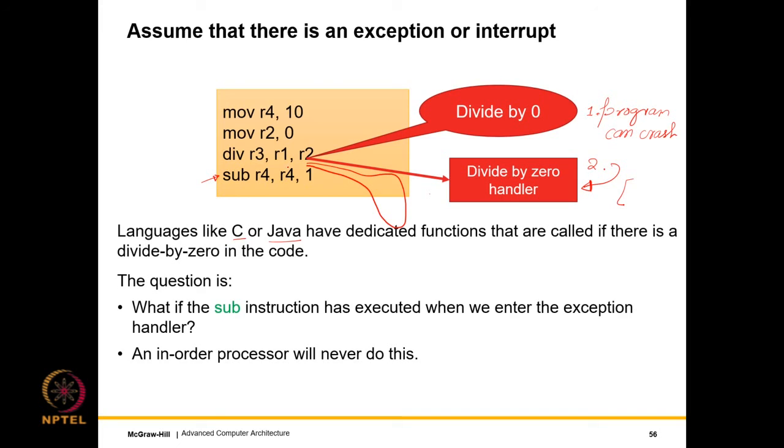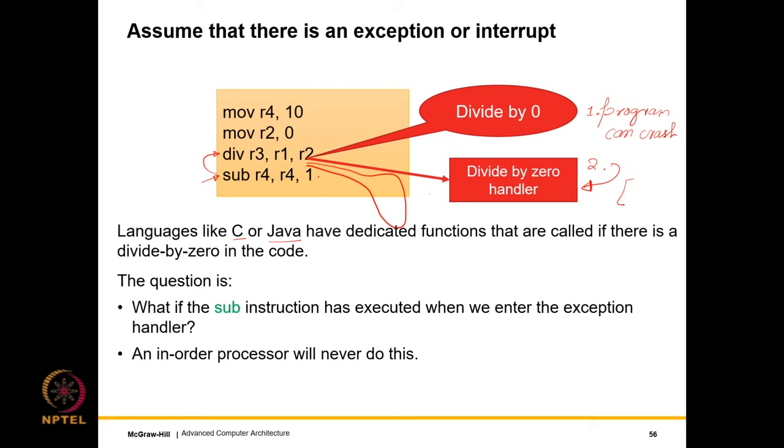In an out of order processor, it is very well possible that these instructions could have been reordered. So it is possible that the subtract would have completed its execution, written the value to R4, and then since the execution is out of order, the divide instruction would have executed, had a fault, and gone to the exception handler.